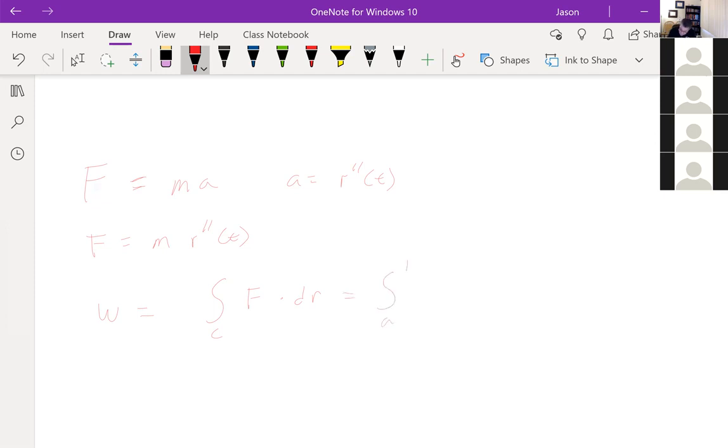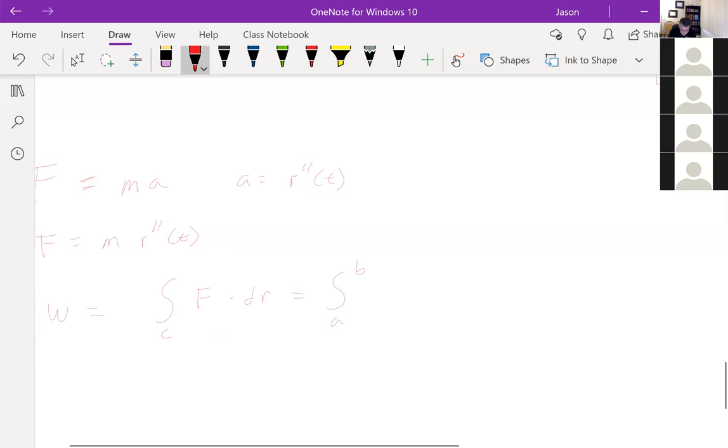Well, this is going to go from A to B of F of r of t, now a function of t, dotted with r prime of t dt.